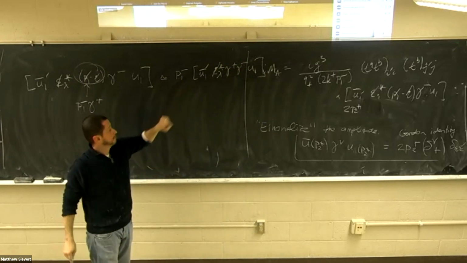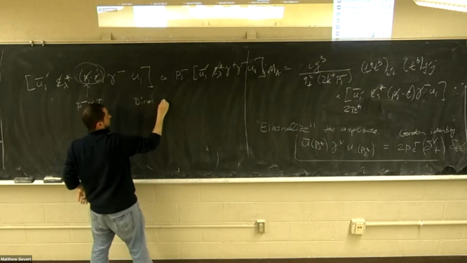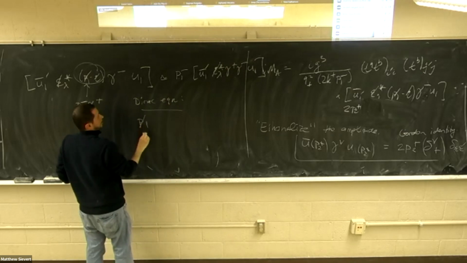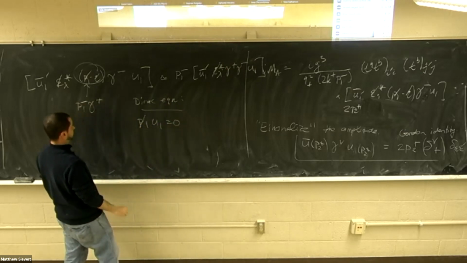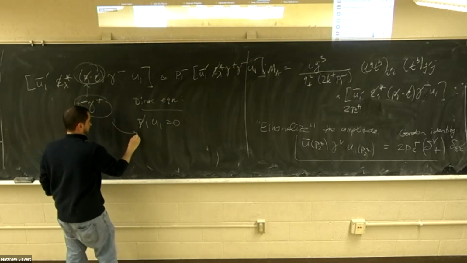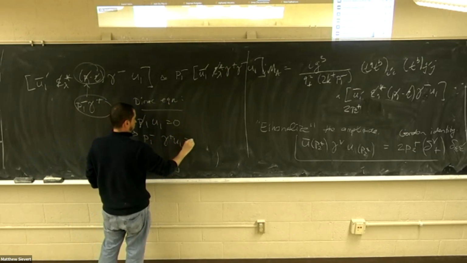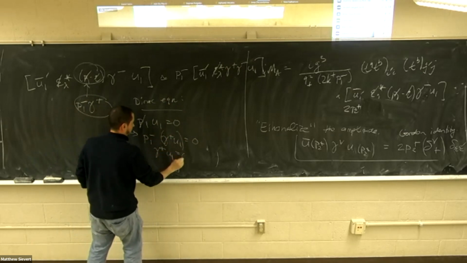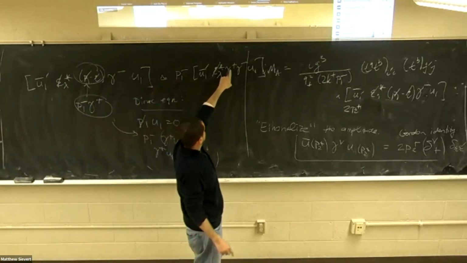Now I can further simplify that expression because I know the Dirac equation. So in particular, I know P1 slash times U1 is equal to 0 in the massless limit. And this argument tells me that P1 minus gamma plus U1 is equal to 0. So gamma plus times U1 is equal to 0. So that means my gamma plus is sitting here.